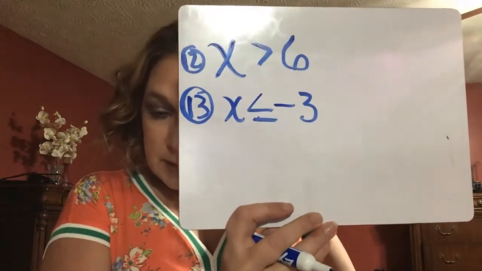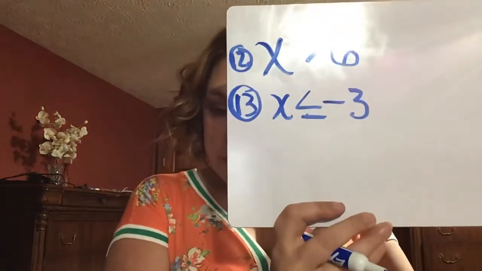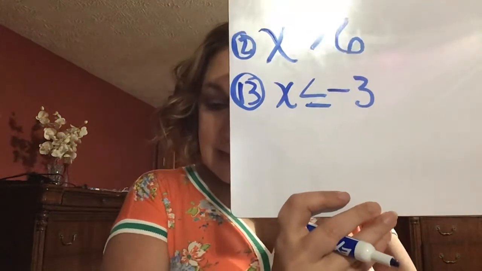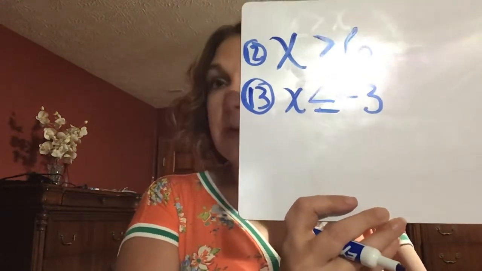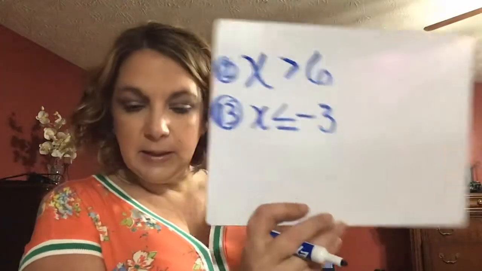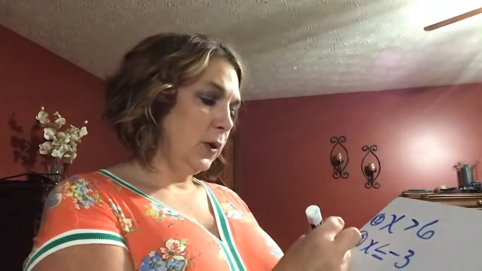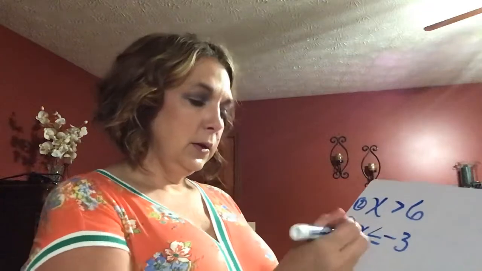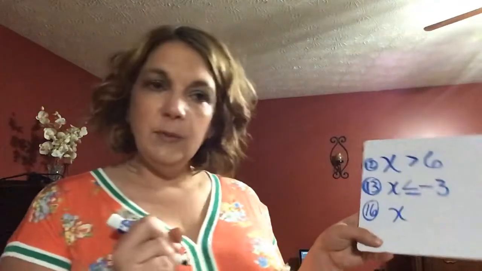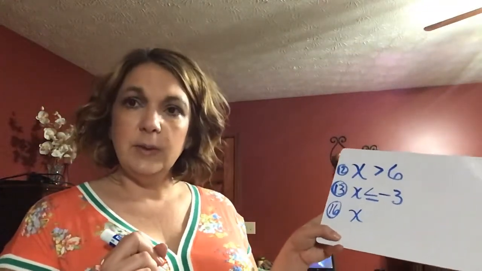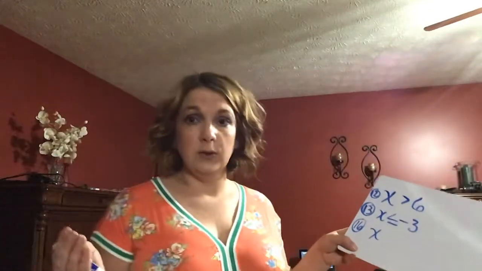Now it says, write a graph and the inequality to represent this situation. A child must be at least 48 inches tall to ride a roller coaster. So x, they have to be at least 48 inches tall. What does that mean?